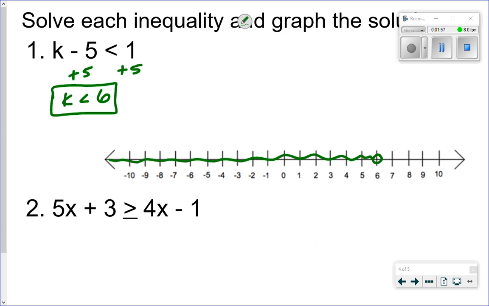For your homework, you're not going to have a number line pre-drawn for you, so you could just draw a number line, put 6 in the middle, do an open dot, and shade to the left. I don't need a super involved, detailed number line. I just need to know that you know what you're doing. So that's what you would do for your homework.